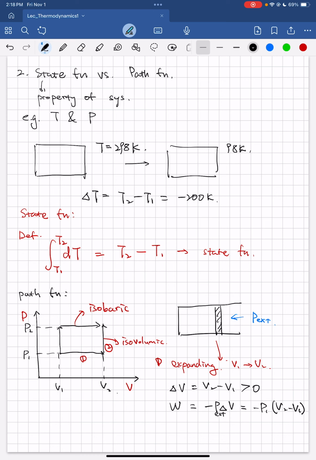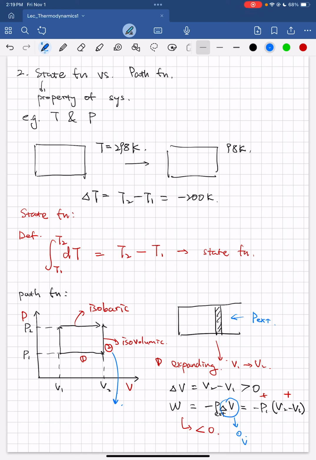And since P1 is positive and V2 minus V1 is also positive, this is negative work. Negative work is done. And from this equation, you can clearly see that in the isovolumic change, you don't do any work on the system because this part is going to be 0.